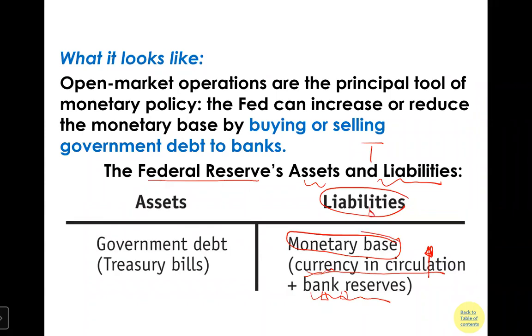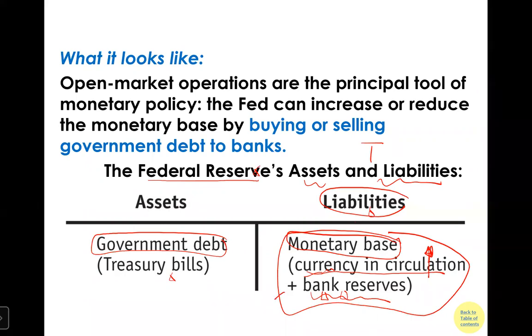But using these resources, the Fed can make their own investments. Usually they invest in government bonds by purchasing treasury bills. To summarize, the Fed gets the money from the general public and from commercial banks, and uses this money to invest in treasury bills.